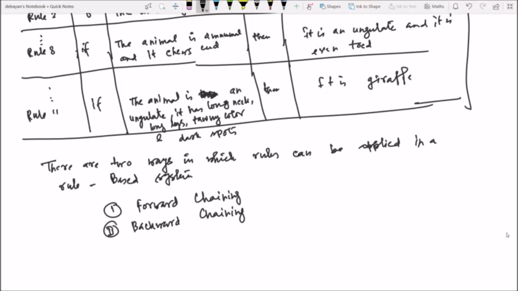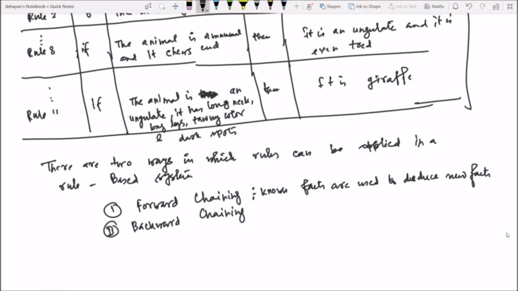So in forward chaining, what will happen? The known facts are used to deduce new facts. Facts means it is always true.